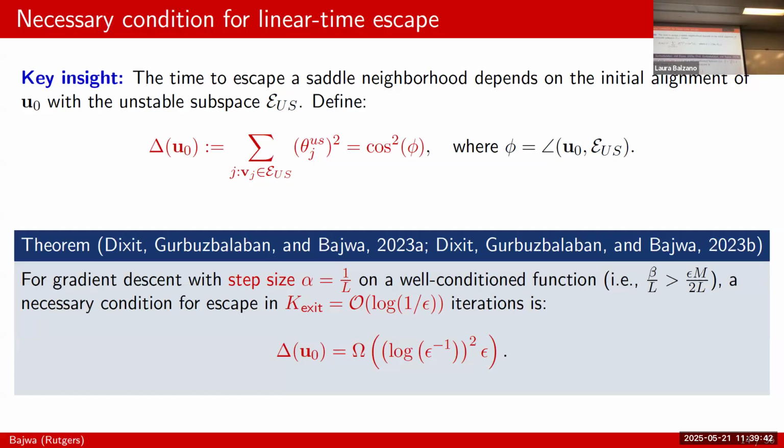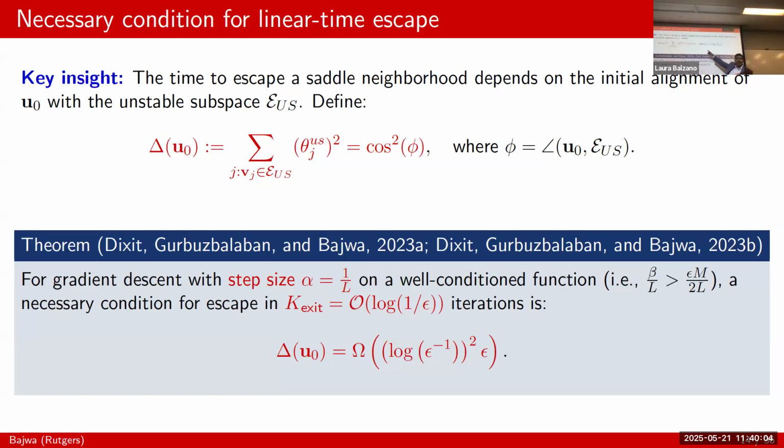When your angle is 0, you are perfectly aligned with the unstable subspace, so that means you can perfectly escape. So the phi needs to be pi over 2 to be stuck.